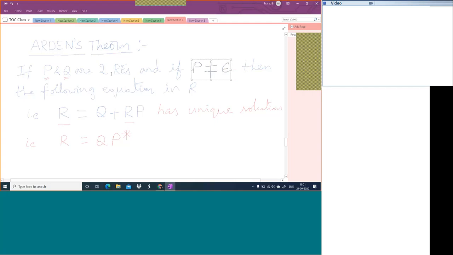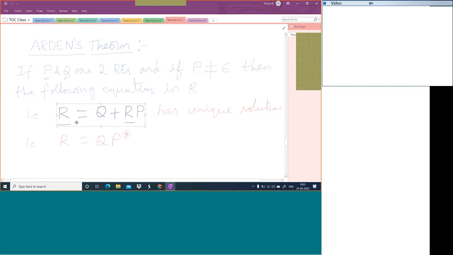I repeat, note down this. If P and Q are two regular expressions and if P not equal to epsilon, then the following equation in R, where R is another regular expression, we don't know that, but we have the equation like this: R equal to Q plus RP.